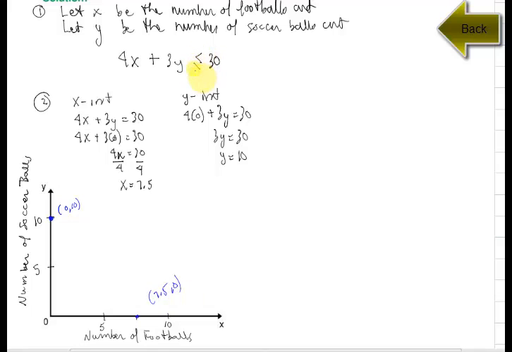So I go back up here and I look at my inequality and it says equal to, so that means use a solid line. So I'm going to join my 2 points with a solid line. And I need to shade my region. So I need a test point. So I'm going to pick 0, 0, that's a good test point.